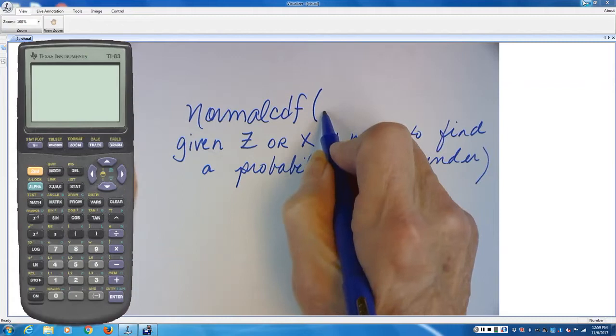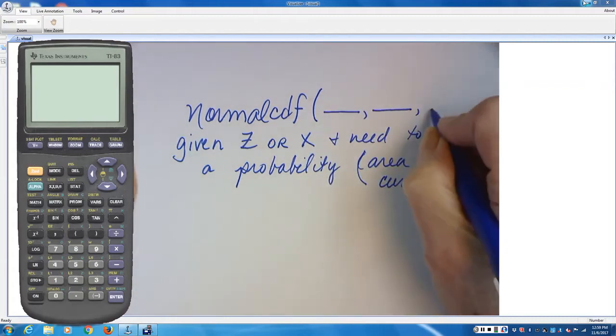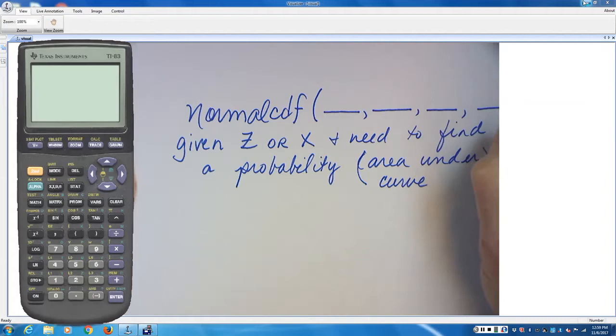And it goes from low to high for a given mean and a given standard deviation.